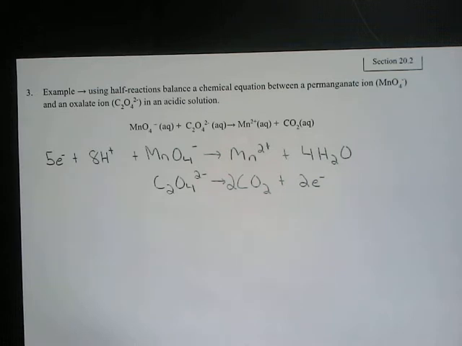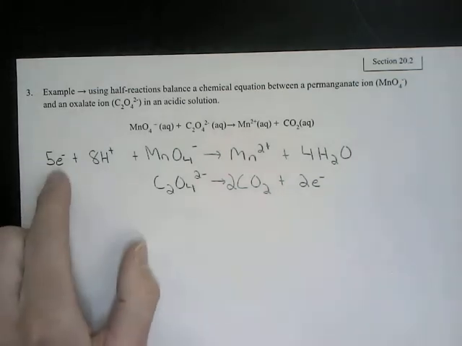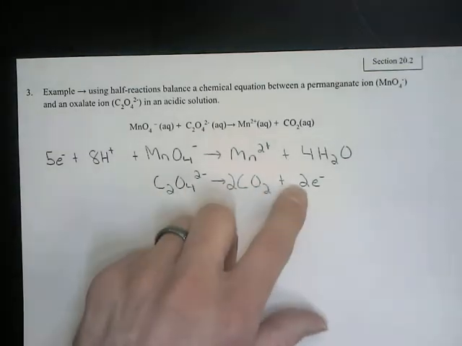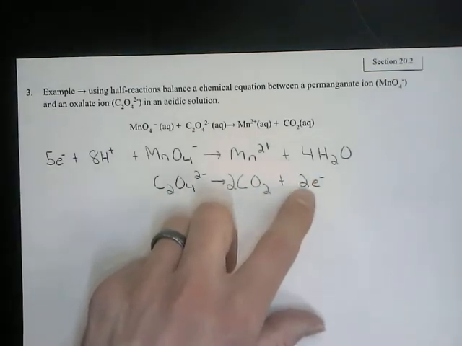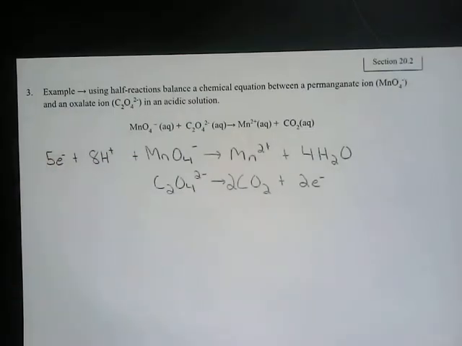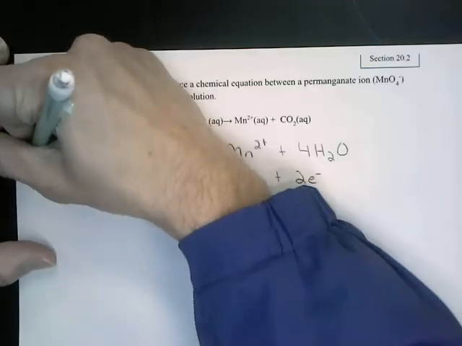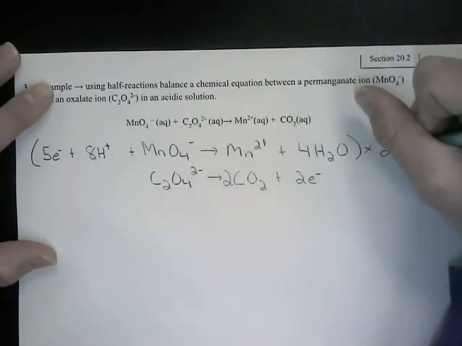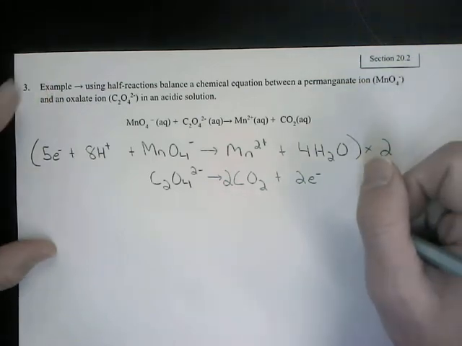And now we ask ourselves, okay, we have to multiply these reactions so that our electrons equal or eventually cancel out. So the first number that 5 and 2 meet at is 10. So what I'm going to do is multiply the entire top portion by 2 to get to 10 electrons.